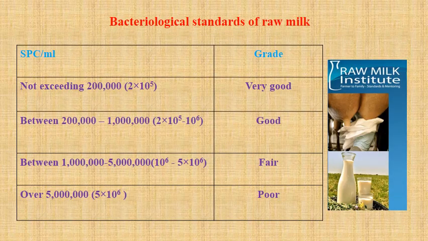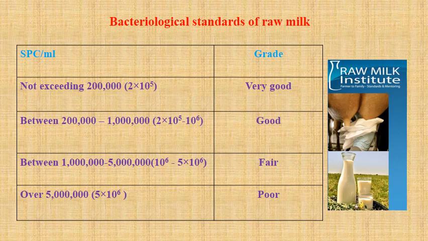Here we can see the bacteriological standard of raw milk based on the level of contamination or microbial load. This microbial load is determined by standard plate count, and it is expressed as CFU per ml. When the SPC is within 2 into 10 to the power 5 per ml, then it is very good. When it is 2 into 10 to the power 5 and up to 10 to the power 6, then it is graded as good.